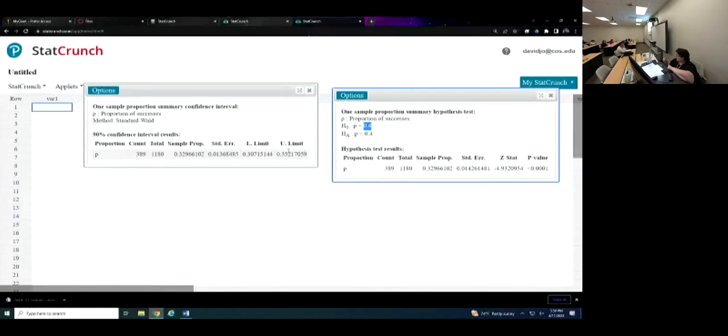So that's the link between the confidence interval and hypothesis testing. The proportion that we're looking for, 0.40, is not in the confidence interval. So we're going to reject it. It's just not likely. That's what's happening there.